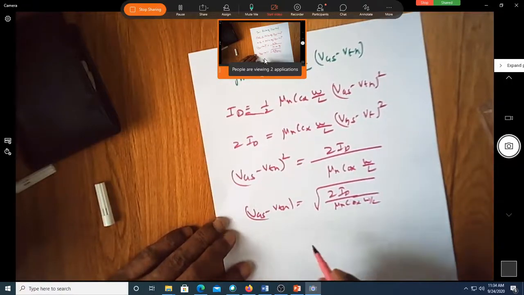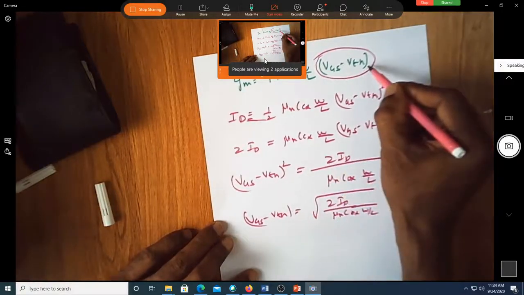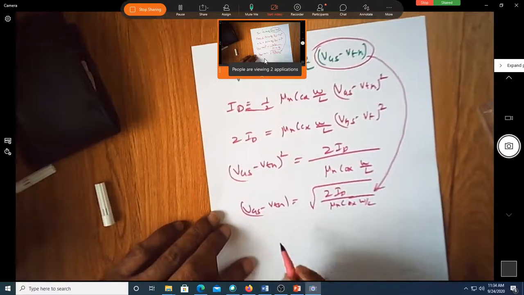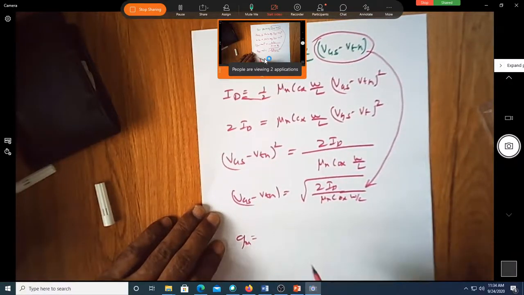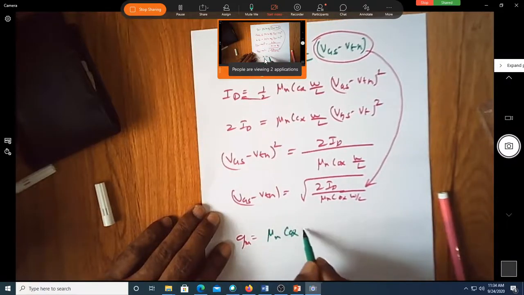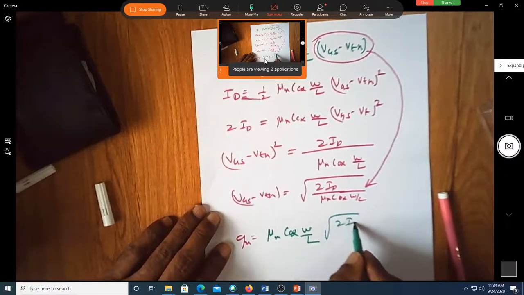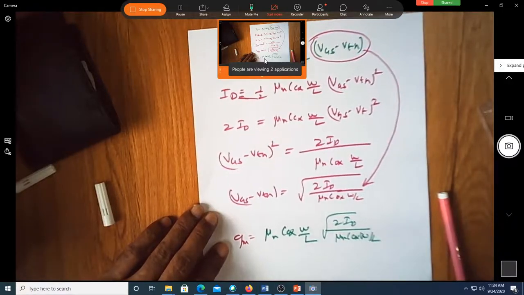Yes, sir. So you have a VGS minus VTH here. You replace this VGS minus VTH by this term. So what I'll do, I will rewrite it as GM is now equal to mu n Cox W by L times root of 2ID by mu n Cox W by L. Am I correct?